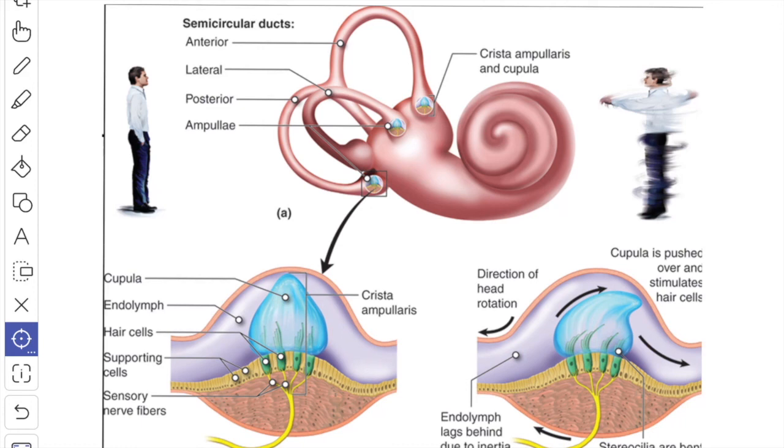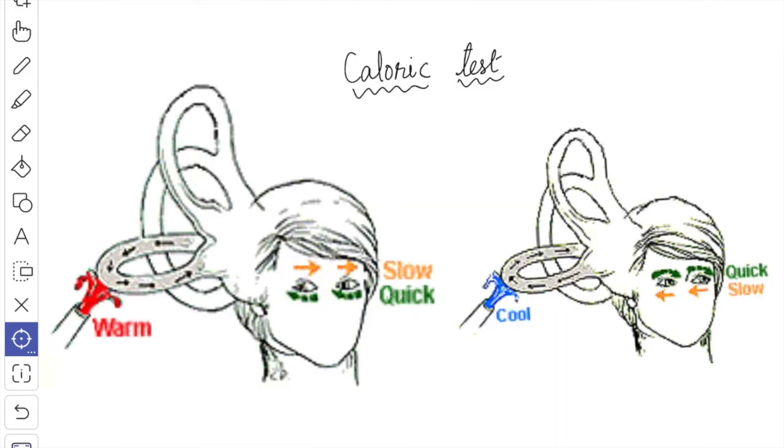It is generally attributed to disturbed fluid balance of the internal ear and distension of the cochlear duct. The symptoms may be relieved by reducing the sodium intake, and intractable cases may be treated by surgical destruction of the labyrinth. Next we'll see about the caloric test.